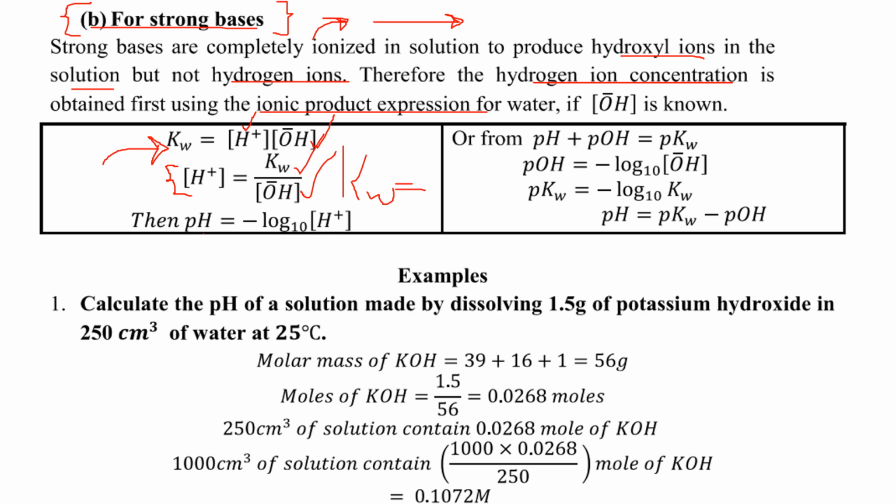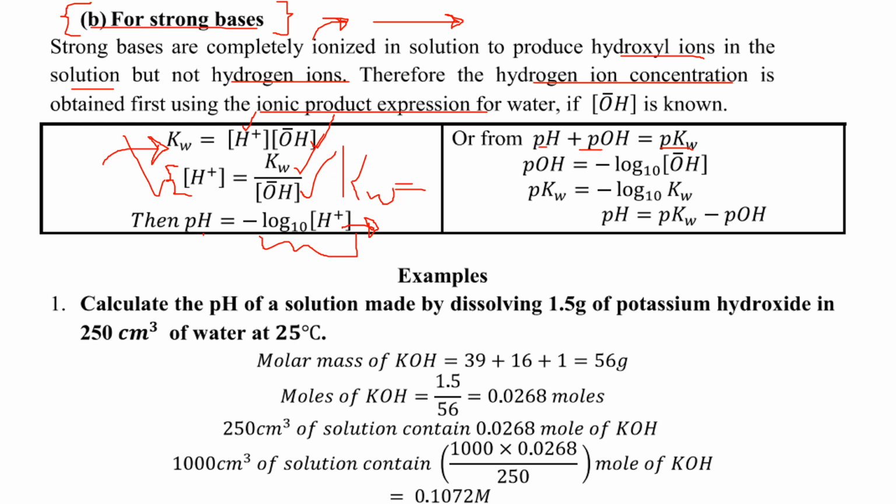Now, pH after obtaining this is going to be equal to the negative logarithm to base 10 of the hydrogen ion concentration in moles per liter of any solution. You can also use the derived formula that we came up with, that pH plus pOH is equal to pKW.